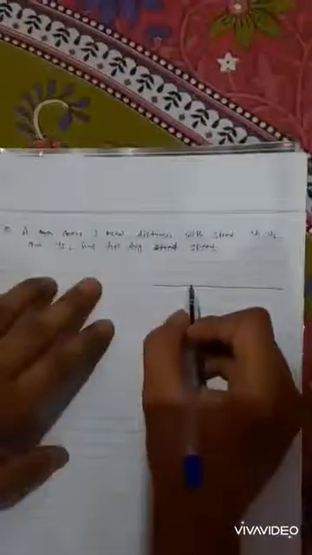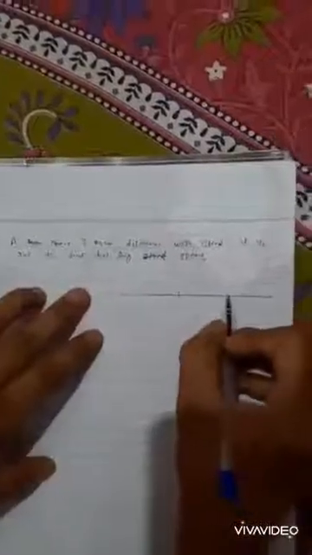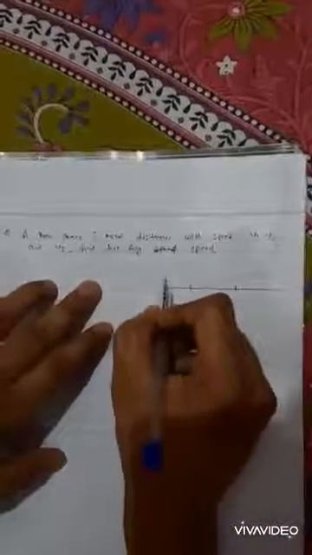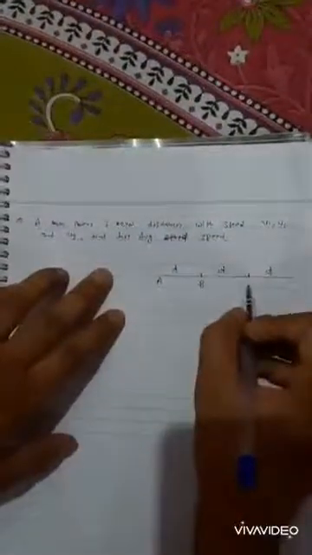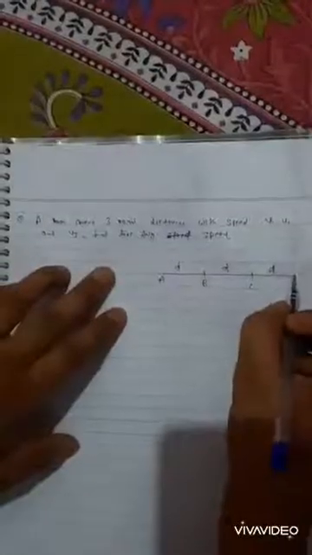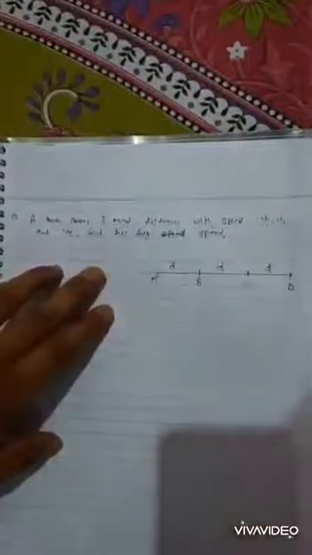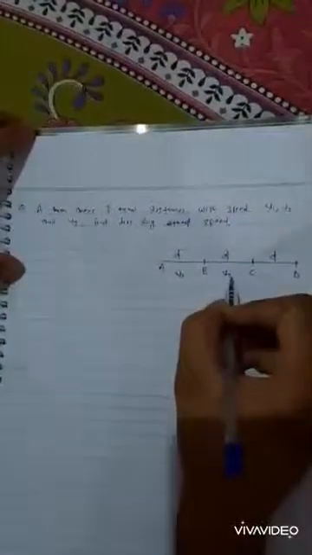What they are saying is a man covers 3 equal distances. So we are taking these as D, D and D. A to B is D, B to C is D, and C to D is also D. It covers them with speed V1, V2 and V3.